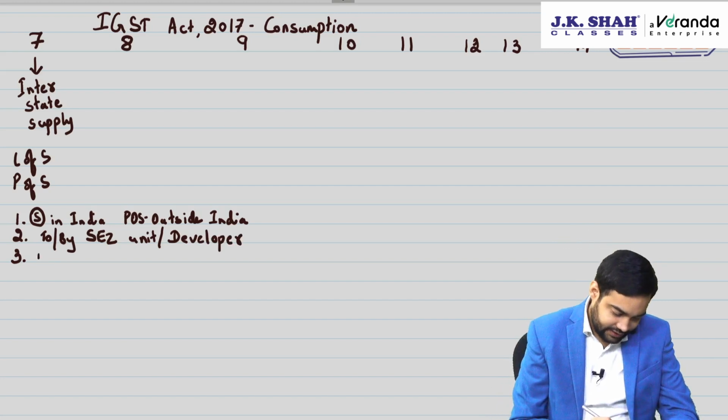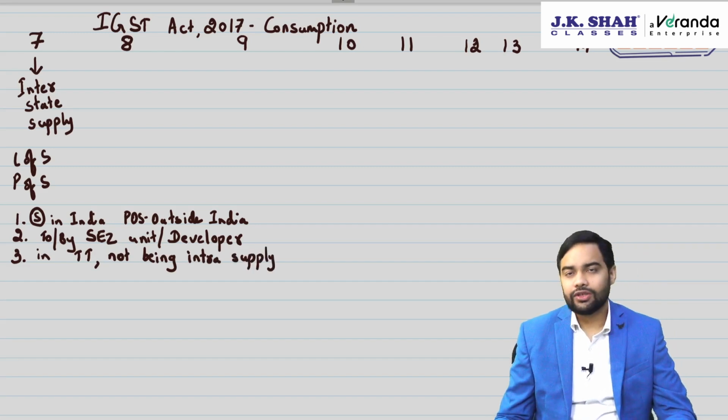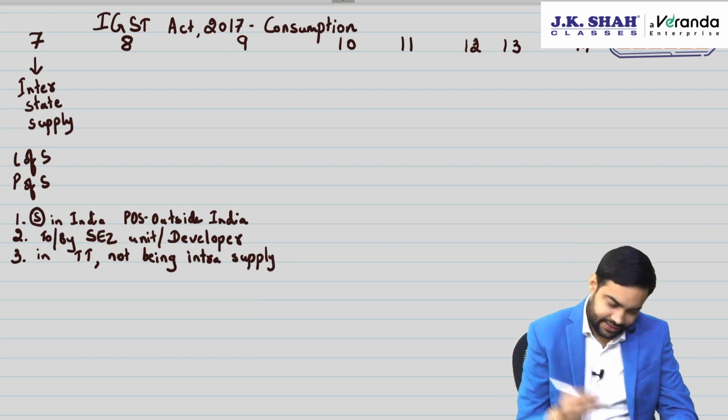And the last one is in the taxable territory, not being intrastate supply. If it is not intrastate supply, then it will be an interstate supply. For example, import of service. Import of service is not an intrastate supply. Consumption is in India, so it will be regarded as an interstate supply.